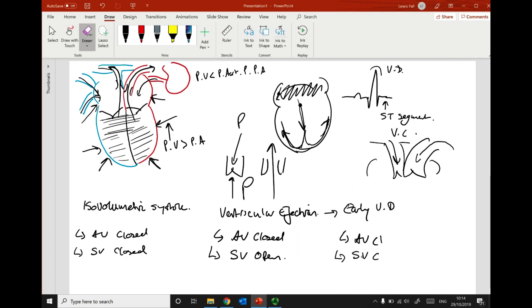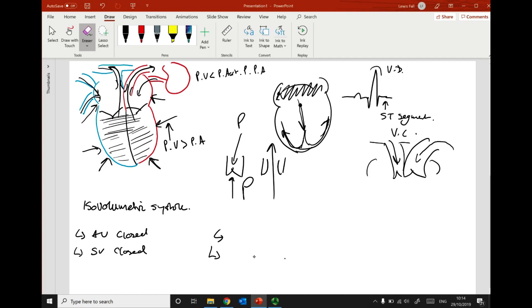Now, something cool is going to happen again. We've had isovolumetric systole. We're going to have a new thing happening now, and that is not isovolumetric systole, but isovolumetric diastole, or isovolumetric relaxation.